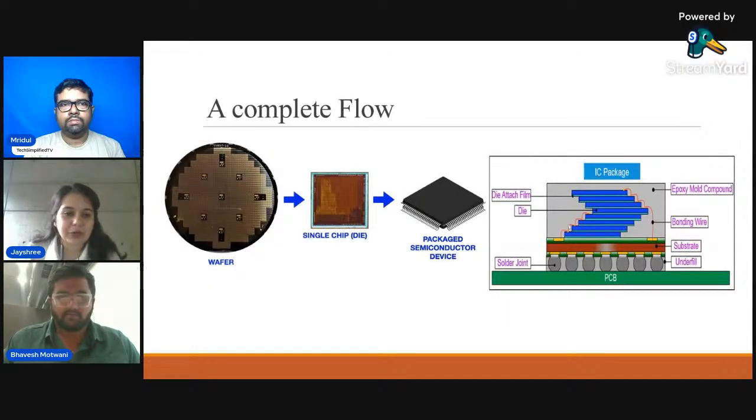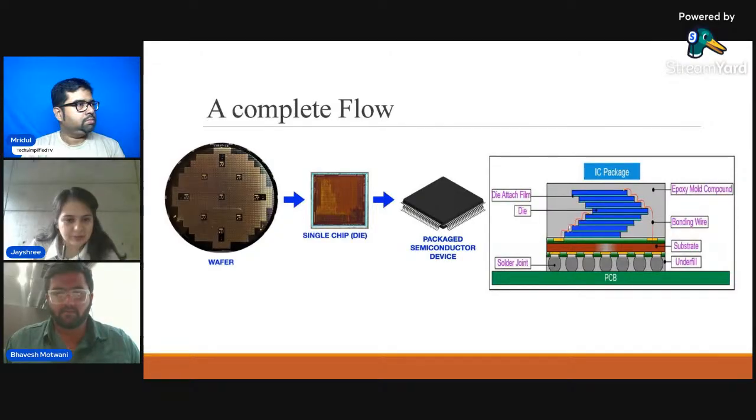Firstly we are going to see the complete flow. As you can see in this image, this is a complete wafer. So what is a wafer, and what is a single chip die? Think of it as a wafer having multiple devices, and the devices are individually cut off and become dies. A device that is individual is called a die, and then the die is packaged so that it becomes a complete device.